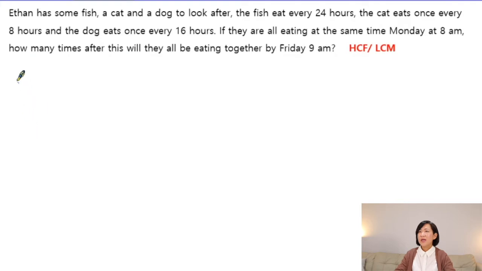So, again, we found our keyword. That is every, right? Fishy every 24, cat every 8, then dog every 16. Focus on these keywords. And then at the same time, that gives you a big clue, right? So let's calculate it.